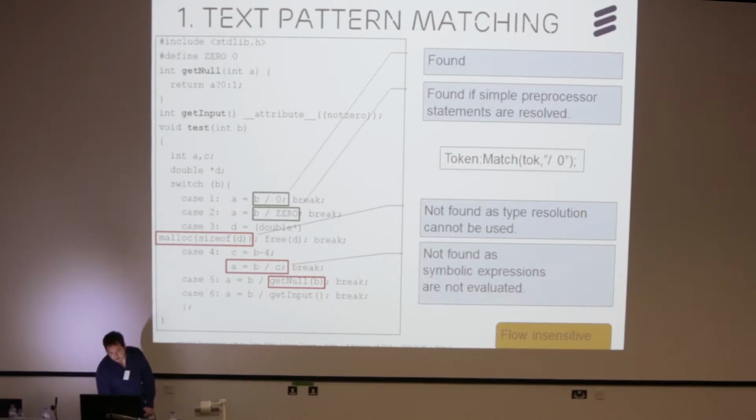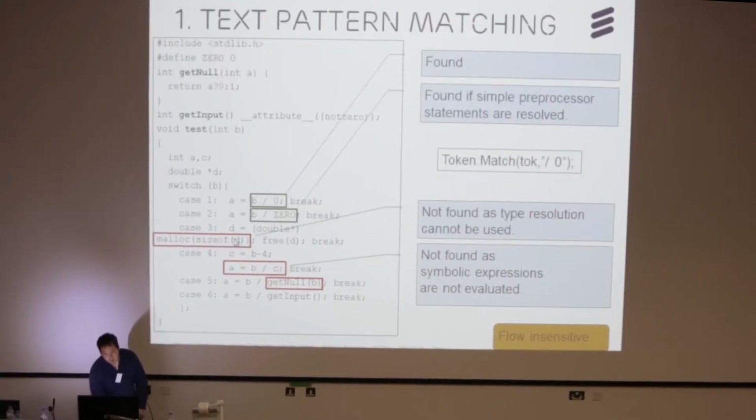However, this is test case three, which shows a memory allocation problem. Here we have a double pointer, and then here we want to allocate a double memory size for this double. But the problem is that the sizeof operator is used on the pointer and not on the pointed to type. So the star is missing here.